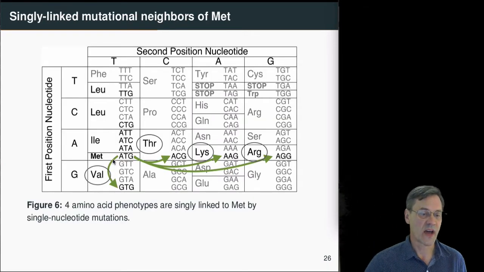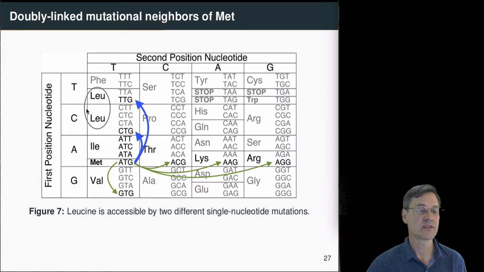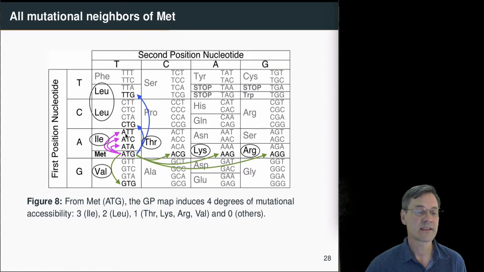So starting with the methionine phenotype, there are 4 different amino acid phenotypes that are accessible with a single nucleotide mutation. Leucine is accessible with 2 different single nucleotide mutations. Isoleucine is accessible with 3 different single nucleotide mutations, and these amino acids shown in gray, like cysteine, can't be accessed by any single nucleotide mutations. They require a double or a triple.